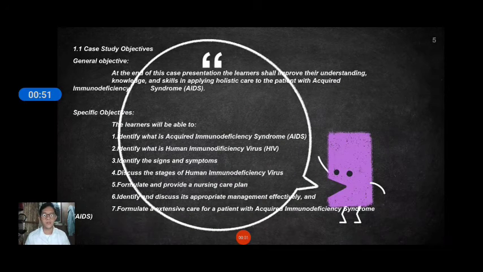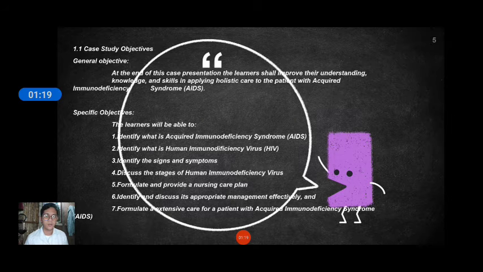So the main objective, or the general objective of this case study, is that at the end of this, the learners shall improve their understanding, knowledge, and skills in applying holistic care to the patient with acquired immunodeficiency syndrome or AIDS. And the specific objectives, the learners will be able to identify or define what is acquired immunodeficiency syndrome or AIDS.